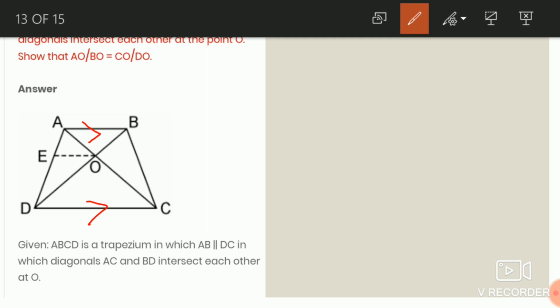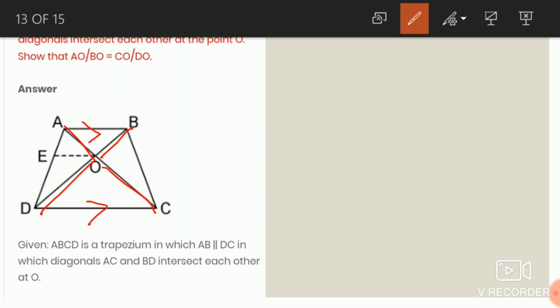So here AO by BO, they are not on a line, but we have CO by DO. So for that, what we should consider is the line AC and the line BD. Okay, along the line AC and the line BD, we have point O as the intersection.